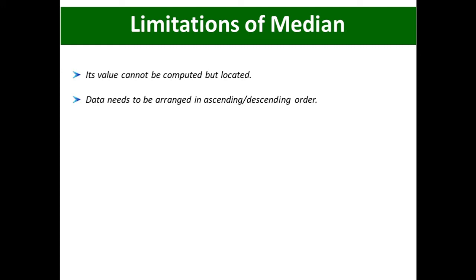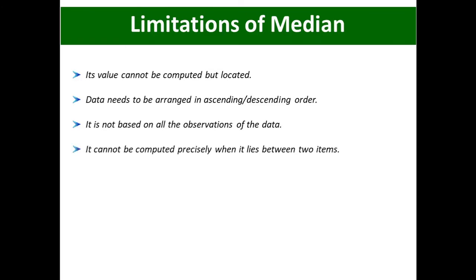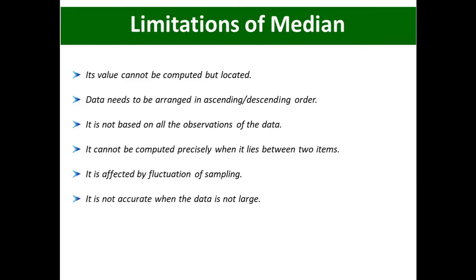It is not based on all the observations of the data and works only on the central value. It cannot be computed precisely when it lies between two items or when the data set is of even number. It is also affected by fluctuation of sampling, and it is not accurate when data is not large. It is not capable of further algebraic treatment like mean, geometric mean and harmonic mean.